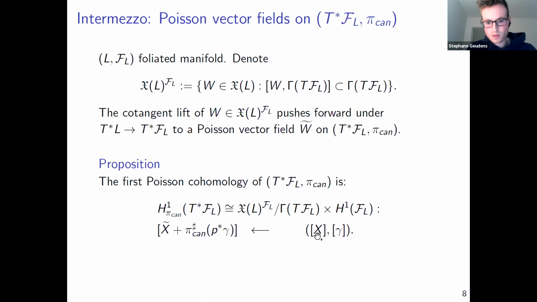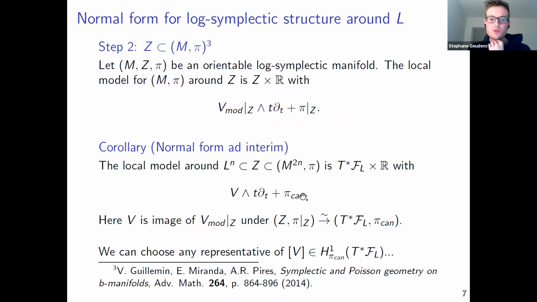And if you take a projectable vector field X, then, as I said before, it lifts to a Poisson vector field on T star FL. And so this thing computes the first Poisson cohomology. And so we can apply this to this V here.